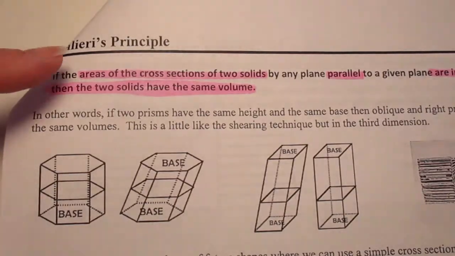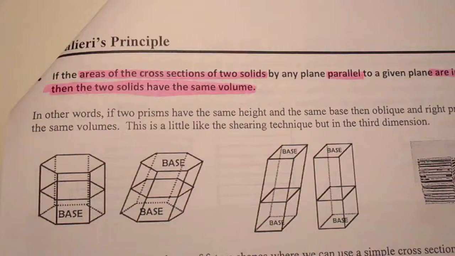I highlighted from that sentence what's important: the areas of the cross-sections of two solids that are parallel to each other, if they're equal to each other, then they're going to have the same volume. So again, if you have cross-sections of any solid that are parallel to each other, and their dimensions are equal, then they're going to have the same volume.